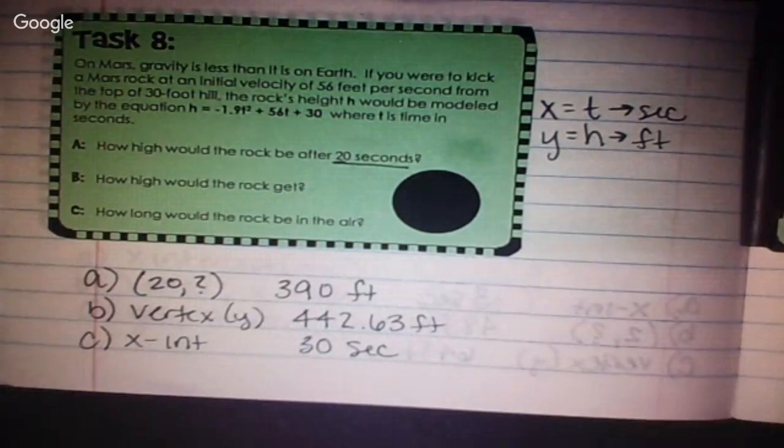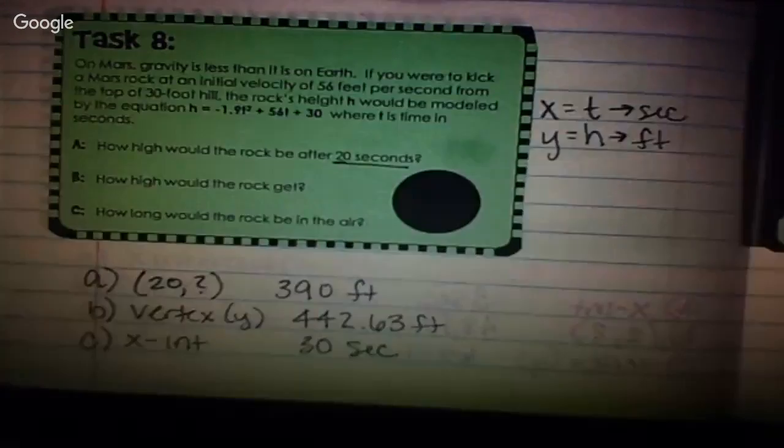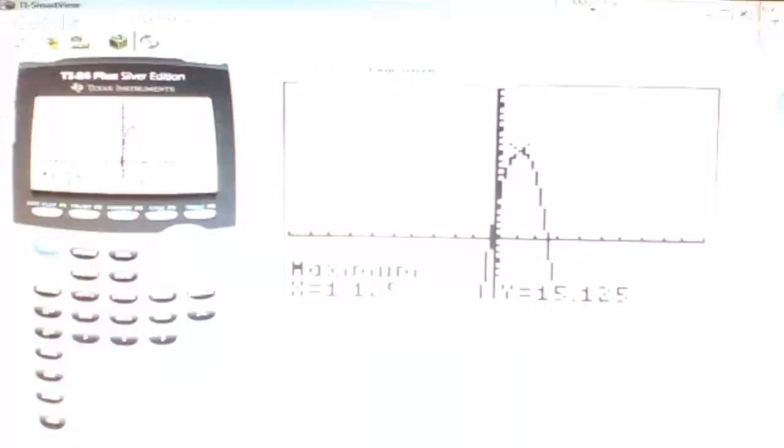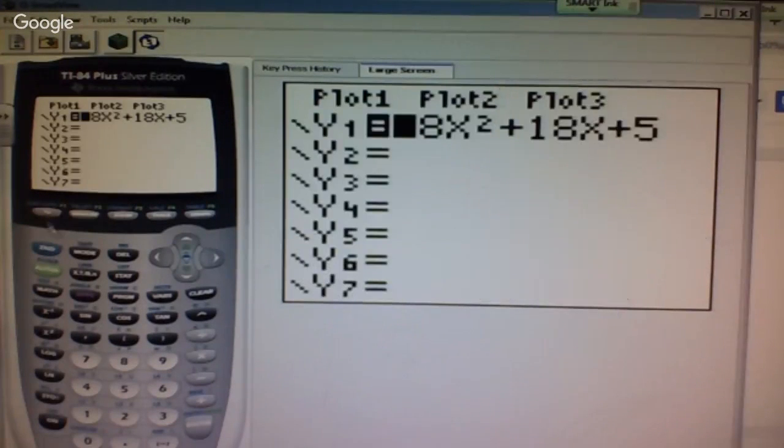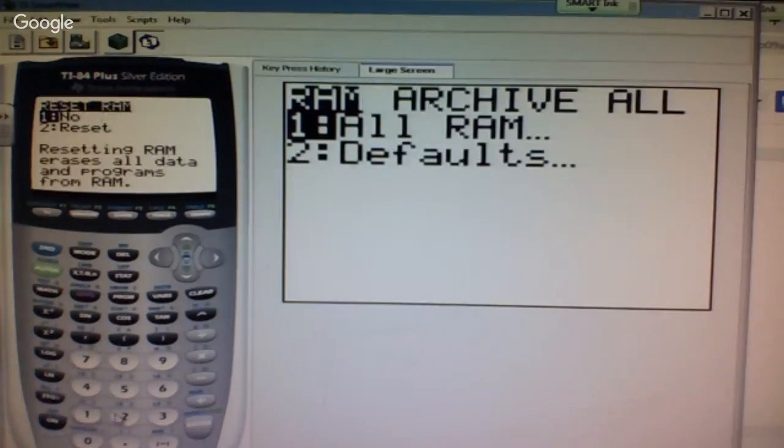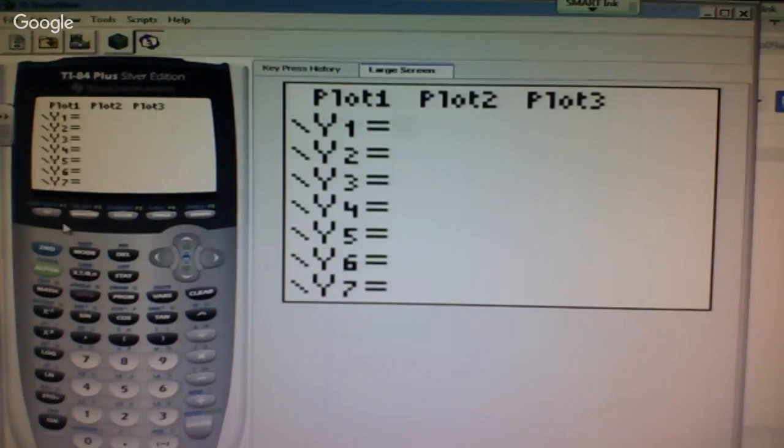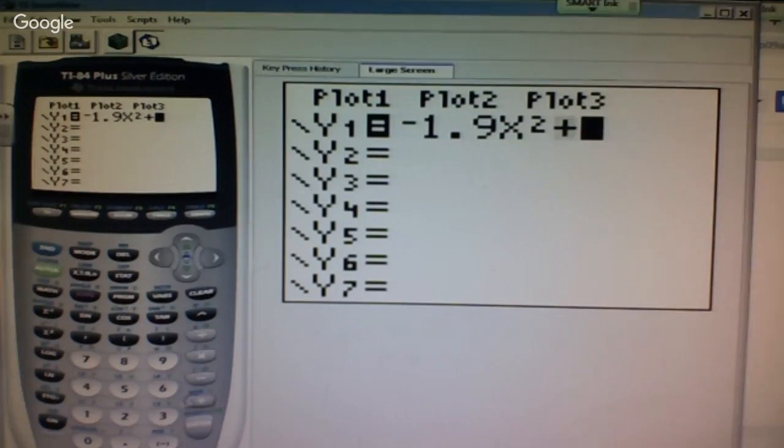So what I mean by that is when you adjusted your window, you had to adjust a couple of things. So let me clear this out first. Y equals, you would have plugged this in as negative 1.9 X squared plus 56X, plus 30.